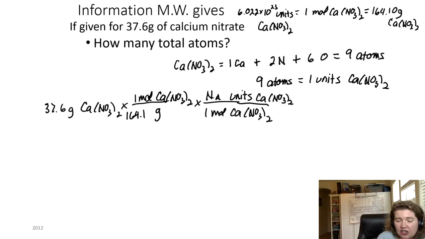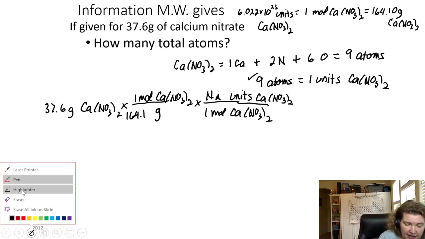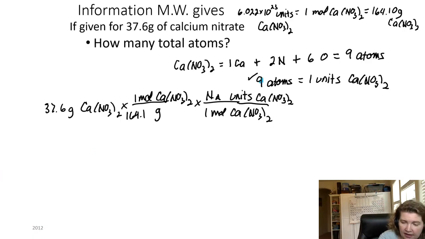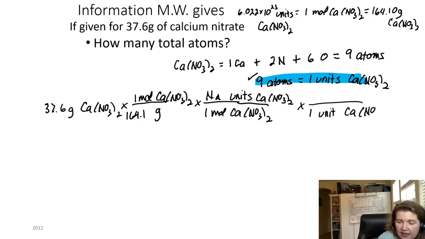And then here's my latest step right here. In this final thing, if I have 1 unit of calcium nitrate, I'm going to have 9 atoms. It takes 9 atoms to make 1 unit.